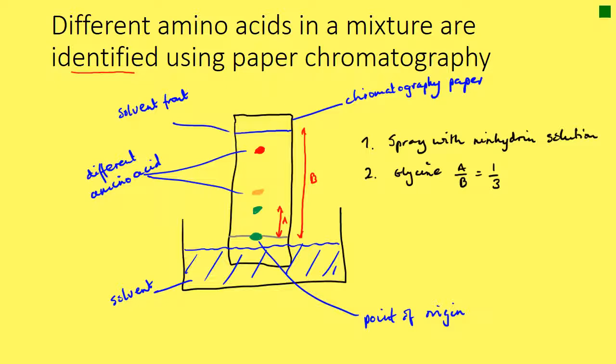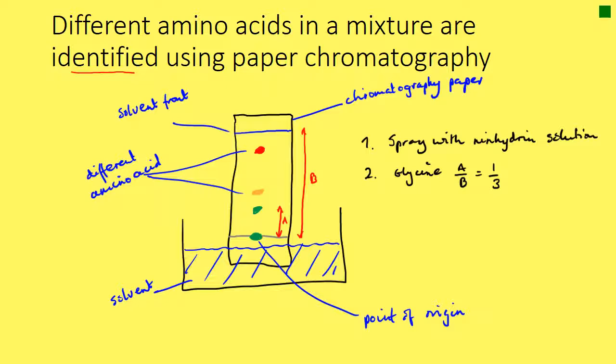So a couple other interesting points would be that amino acids aren't in fact coloured, and so to see them on the paper you have to spray with ninhydrin solution. Just a solution that enables you to see the amino acids.